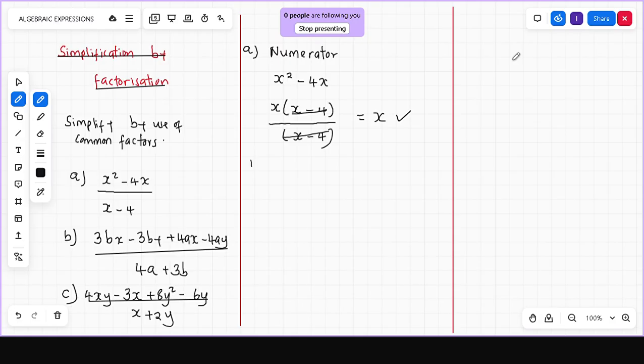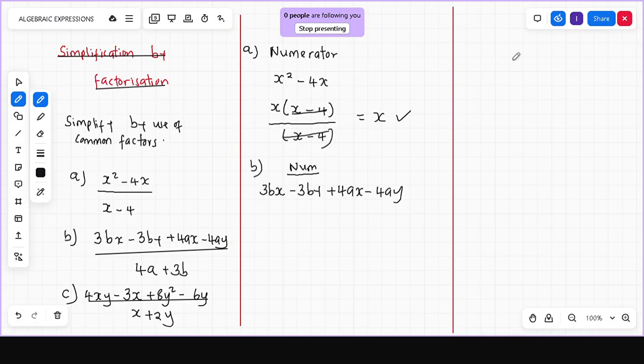Part B, we also have the numerator. I'm just going to abbreviate it as NUM for the numerator. So we got 3bx minus 3by plus 4ax minus 4ay. So we have the first, second, third, fourth term.